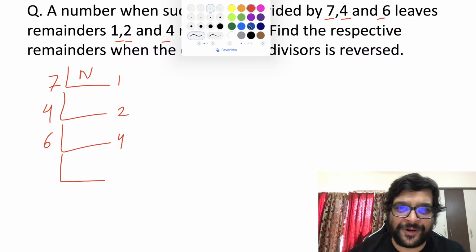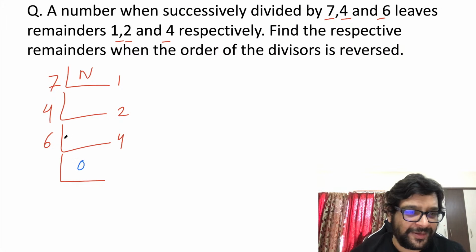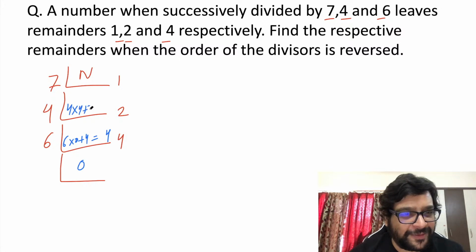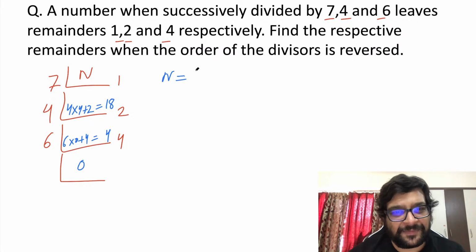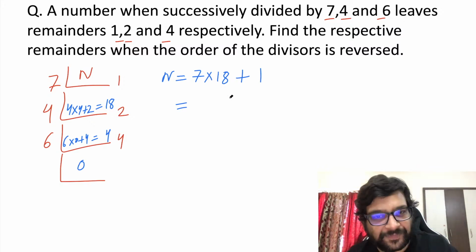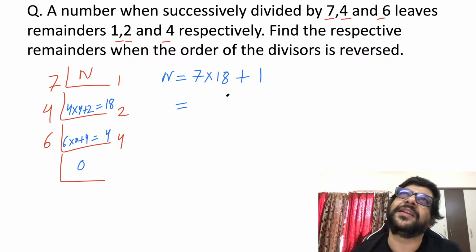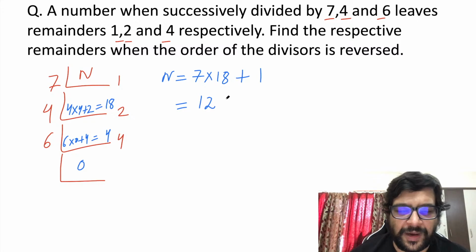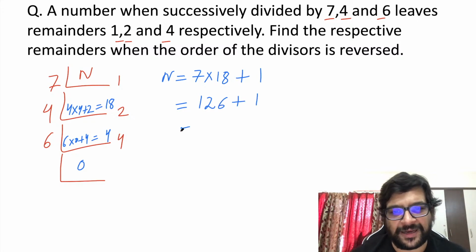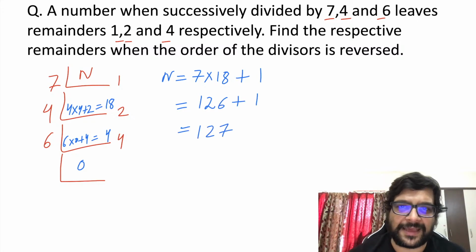Now for the values, this is 6 into 0 plus 4, which is 4. 4 into 4 plus 2, which is 18. And then n will be 7 into 18 plus 1. 7 into 18 is 14 into 9, which is 126 plus 1, or 127.